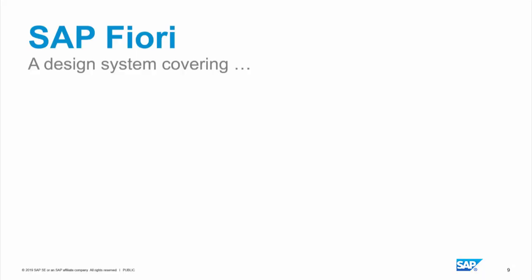So let's understand what is SAP Fiori. First, Fiori is a design system. It describes some basic patterns, some basic standards on how a user interface should look: fonts, colors, button placement, generic controls, those kinds of things.